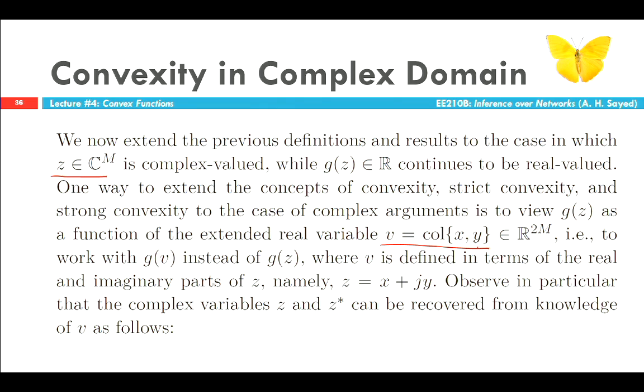So convexity of G of Z amounts to convexity of G of V. This is the simple answer to the question. Think in terms of the real version of G of Z. Replace Z by its real arguments x, y, and think in terms of G of V. Instead of thinking in terms of this, think in terms of that. Then everything we talked about applies.